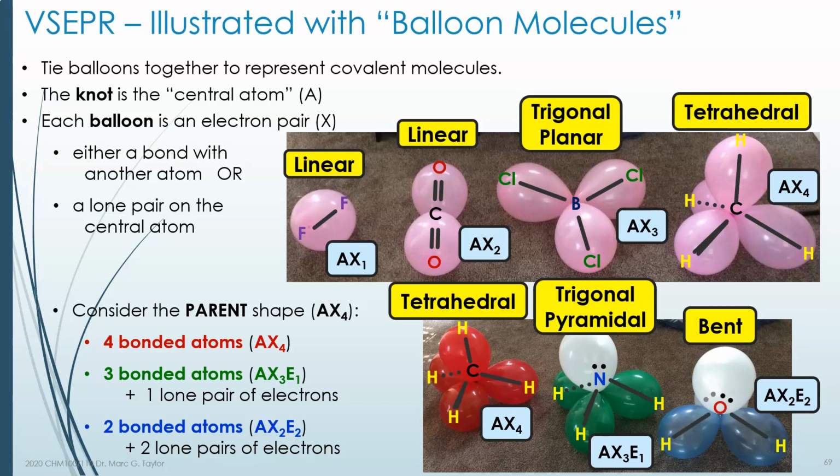Not very technical, and the classic, most famous example by far is water, H2O. We have oxygen in the center, the center atom, with 2 bonded hydrogens, but oxygen also has 2 lone pairs of electrons that take up space. We can't really see them when we're looking at molecules, but they take up space. And as a result, the shape of the bond between H to O to H is bent.